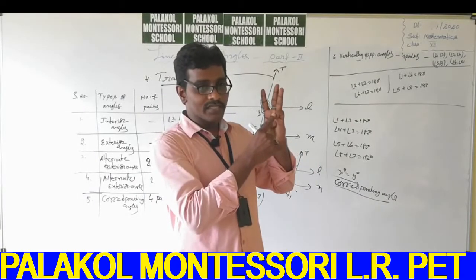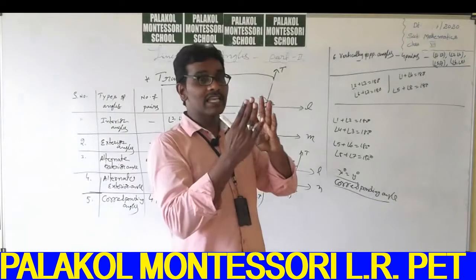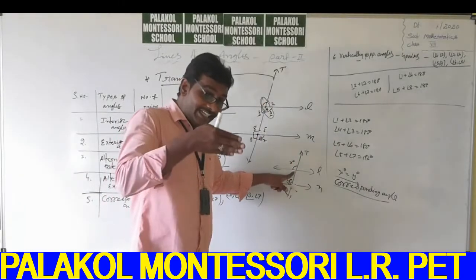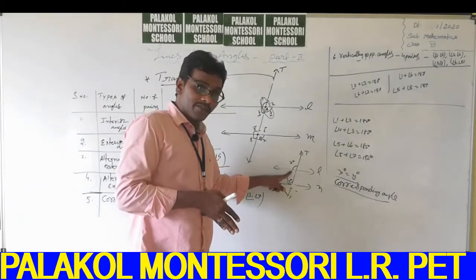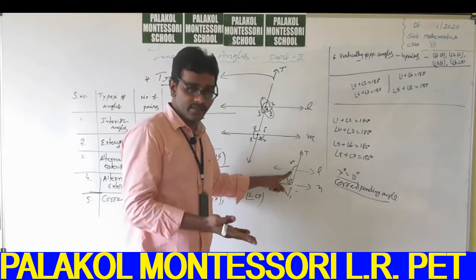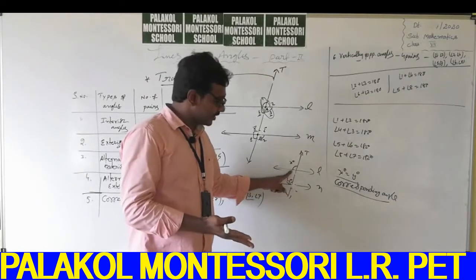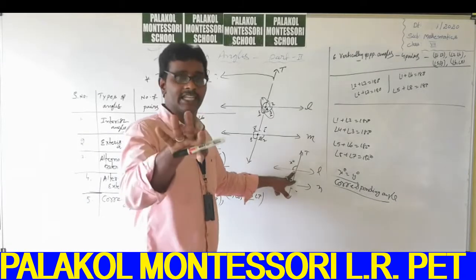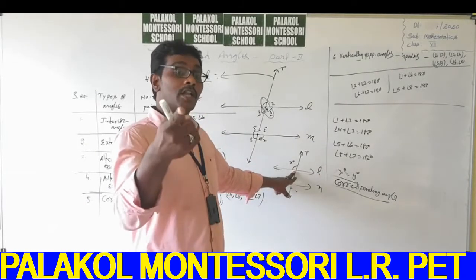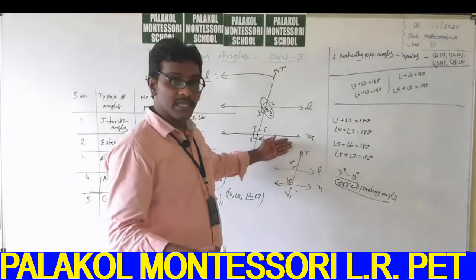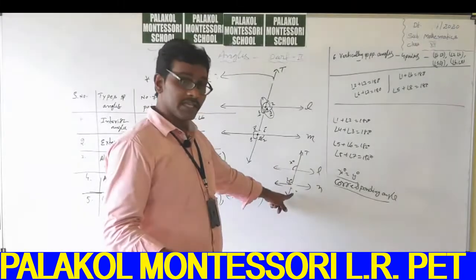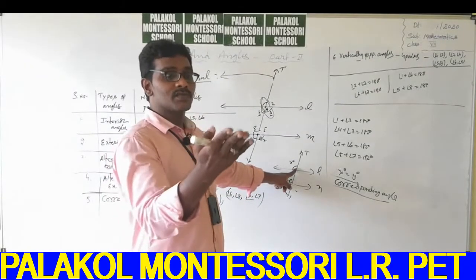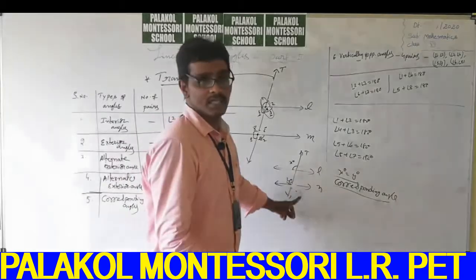So, alternate angles. How to identify? For alternate interior, one angle is on one side of the transverse, another is on the other side. That is called alternate interior angles, equal. Alternate exterior means one angle is outside, another angle is outside, but one is on one side of the transverse and the other on the other side.